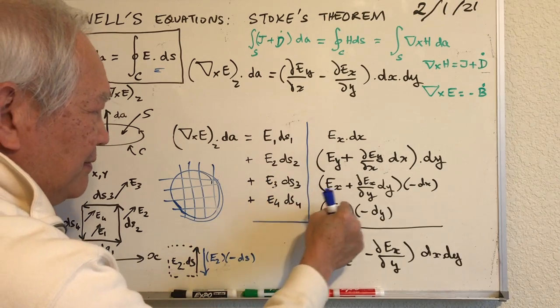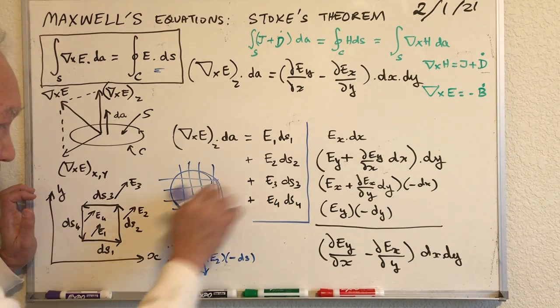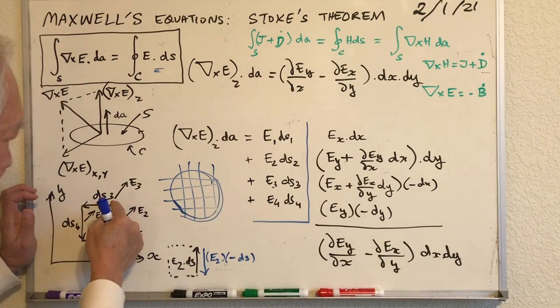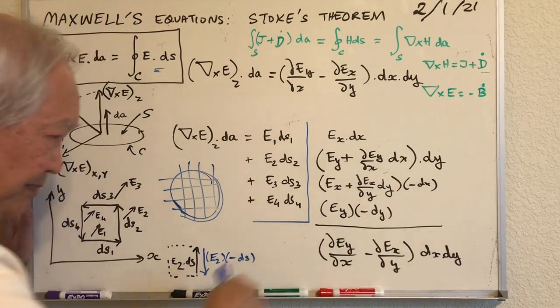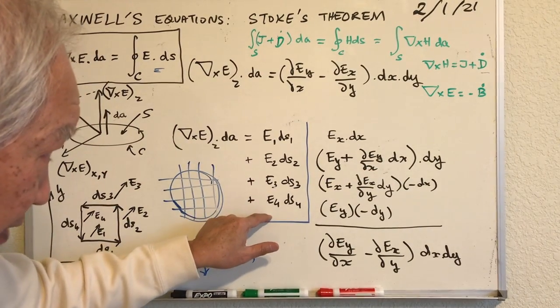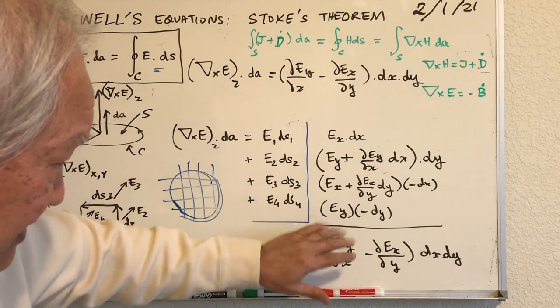On the other hand, because these are all vectors, when we talk about this ds1, it is dx, but ds3 is in the opposite direction, so it shows up as minus dx. The same thing can be said for dy, the E2 and E4 components. And when you calculate it out, some of these cancel out.